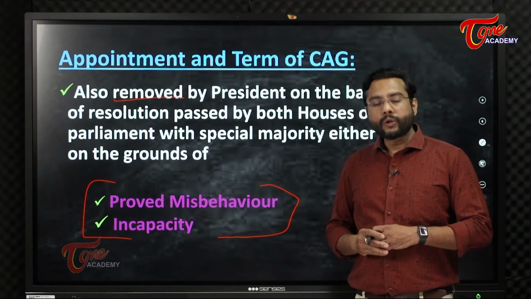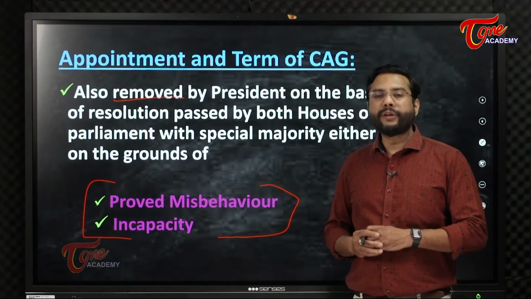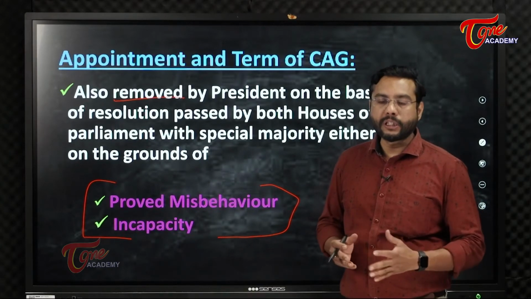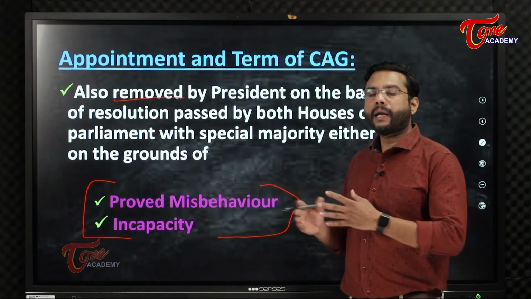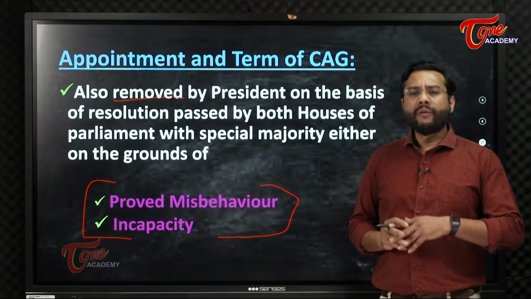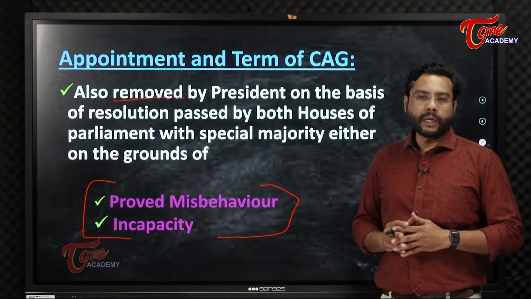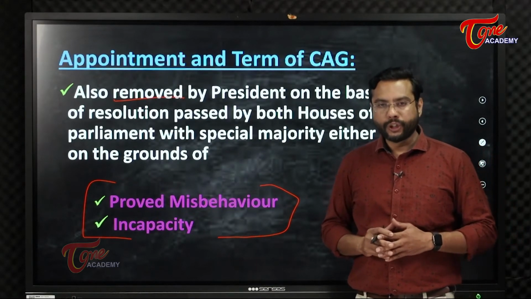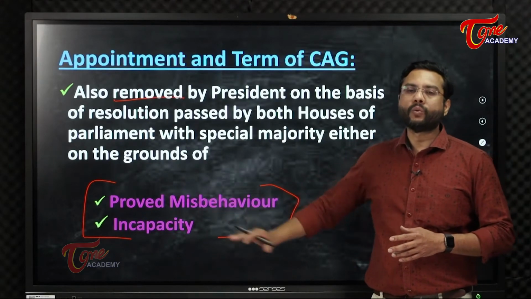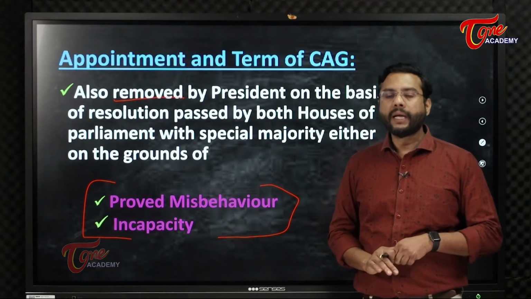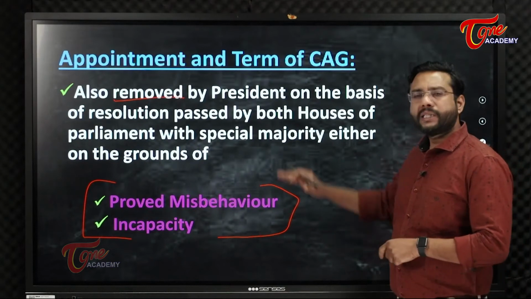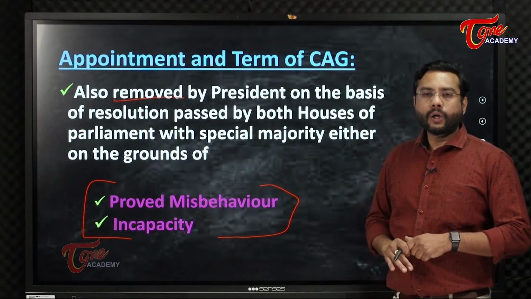The CAG can also be removed from office before expiry of his term of 6 years by a parliamentary process of removal, which is similar to the removal of a Supreme Court judge on the basis of these two things, that is proved misbehavior and incapacity. It's generally a very complex process.